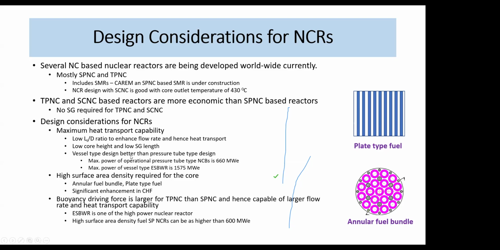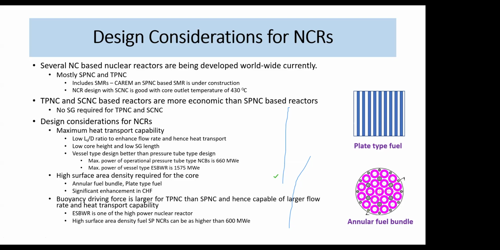And you will find vessel type design much better than the pressure tube type design. This is something which people have seen. For example, in one of the initial slides I said the PHWR can give only 3 to 4%, basically because the L/D ratio in one pass of the PHWR is 1000, in two passes it is 2000, and both the steam generators put together are another 1000.